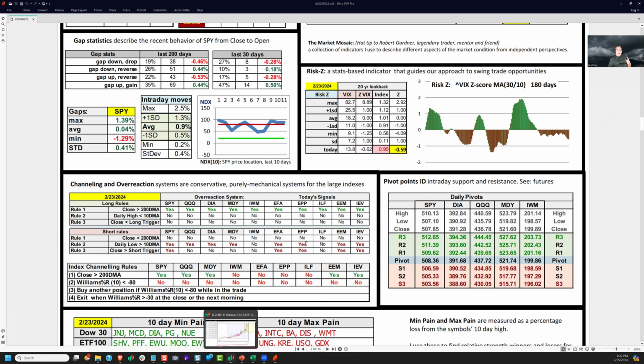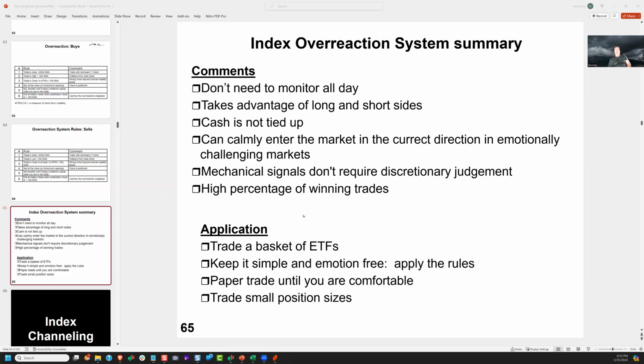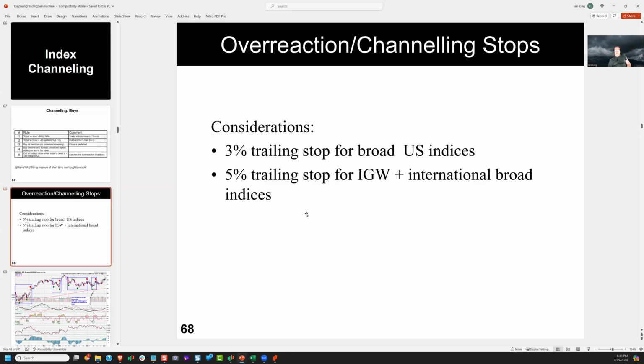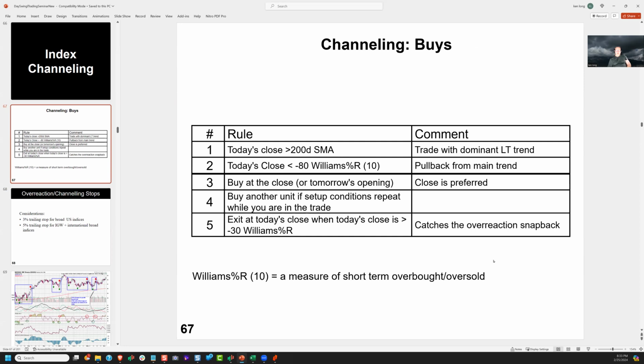Well, I can trade other symbols without these firing, but if the market itself is firing, then it makes me pay attention even more to swing trades the next day in the other symbols, because it gives you extra horsepower when the market is moving hard. So that's what the channeling essentially gives you, that same information.